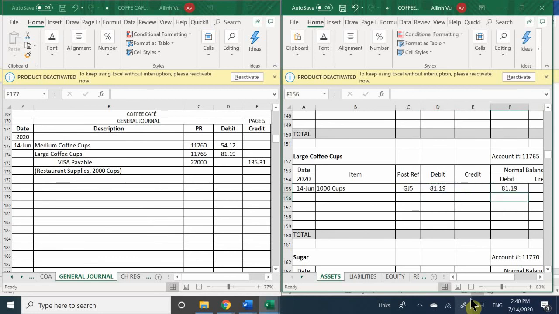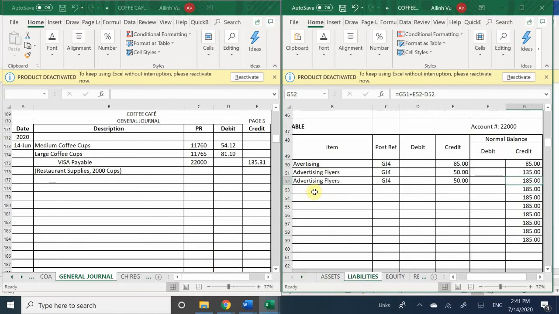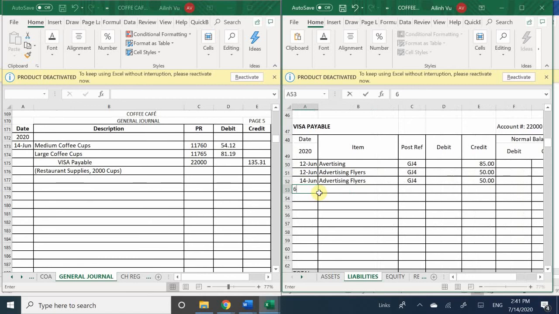Okay. And then lastly, we need to update our Visa payable since we charged more money to it. So here I'm going to indicate the date. And I bought 2,000. Visa's on what page? Okay, 18. I was on 16 when I bought it. I knew that wasn't the right page.